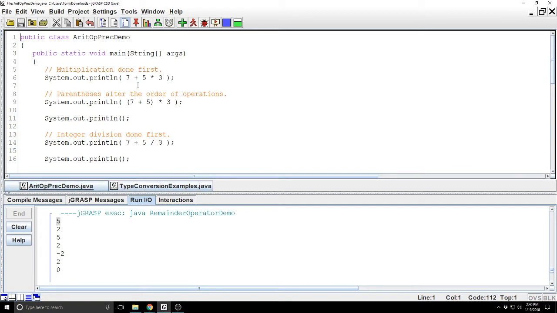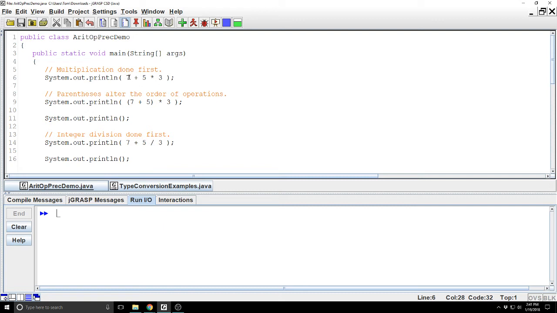Okay, let's take a look at this example. In the first example, we have an arithmetic expression with multiple operators. You would scan through this expression from left to right, looking for any multiplication, division, and remainder.